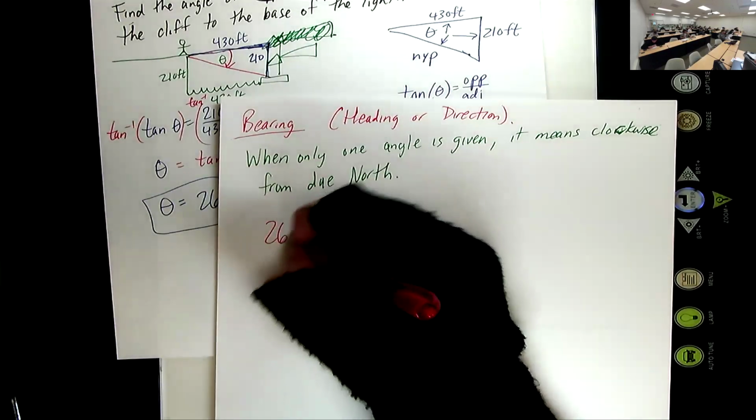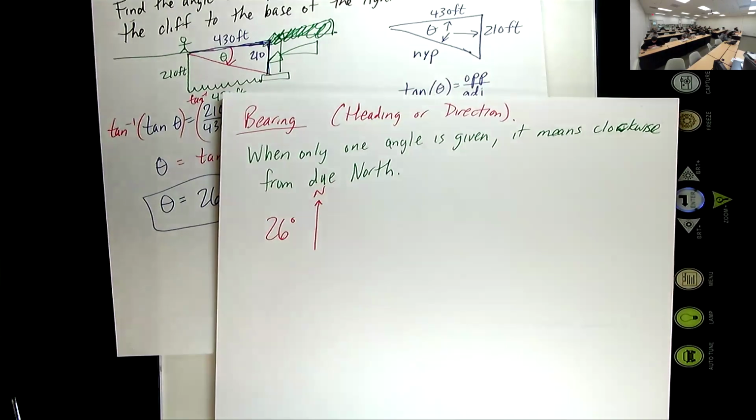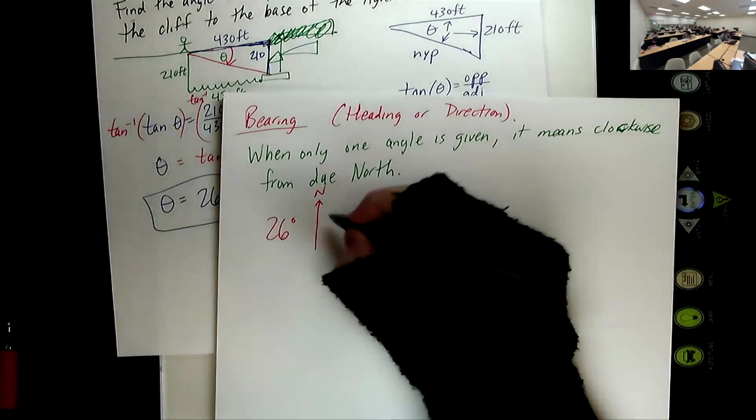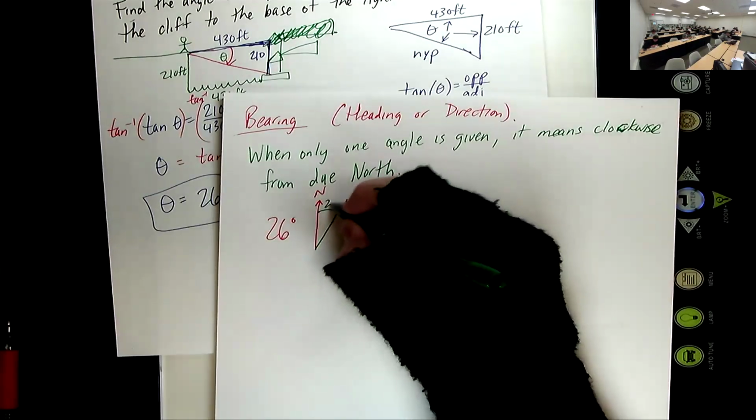So if it says 26 degrees, we generally call north straight up, and we're rotating 26 degrees off of that, in that direction.